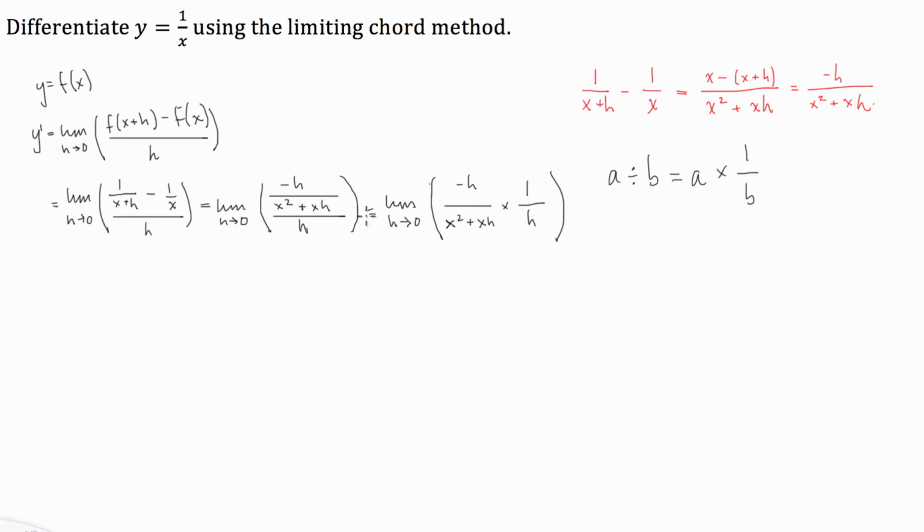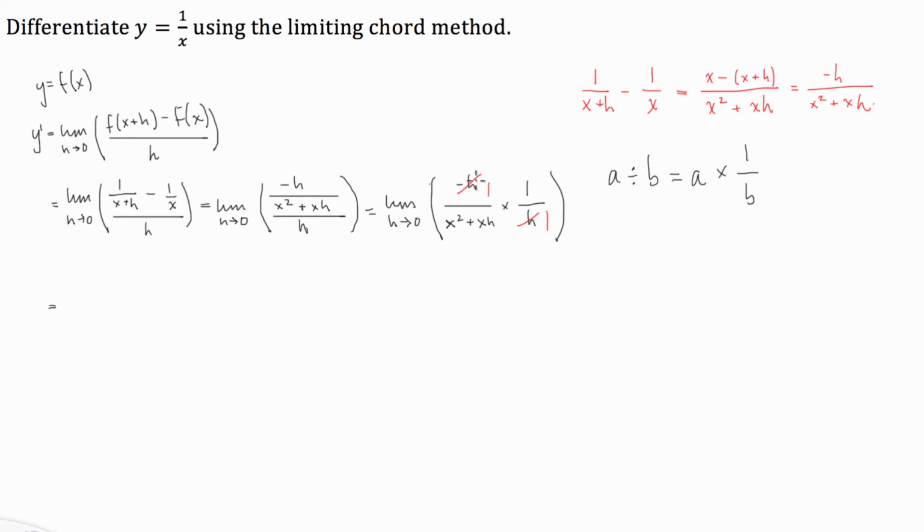Cool. So what we're then going to do is we're going to multiply the h by the x squared plus xh denominator. And what that will do is we'll be able to cancel out this h with this h at the top. So this and that will cancel, making 1s.